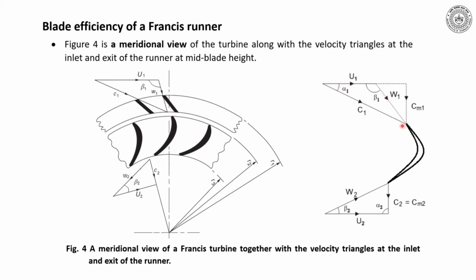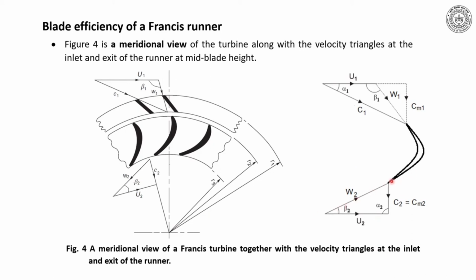So one can imagine here CM1 and C theta 1. CM1 is the meridional velocity at inlet, and C theta 1 is the swirling component at inlet.